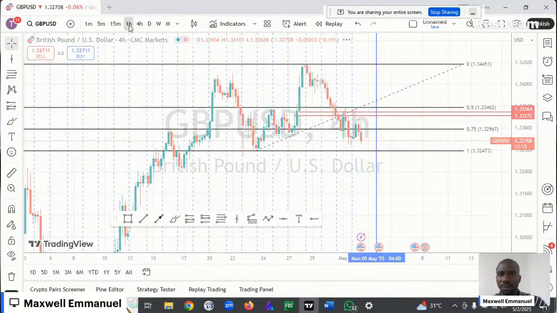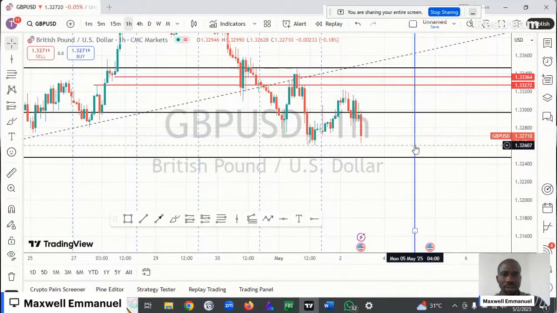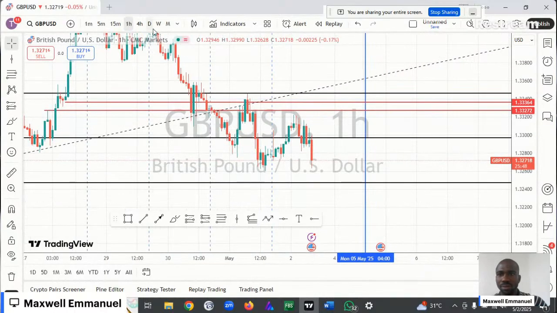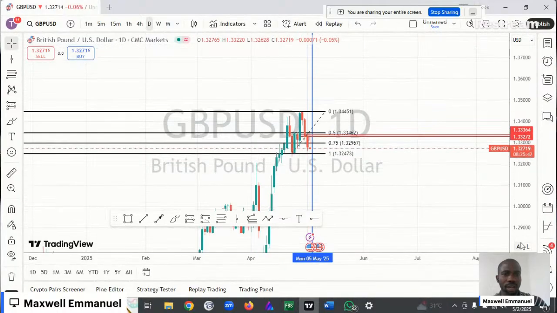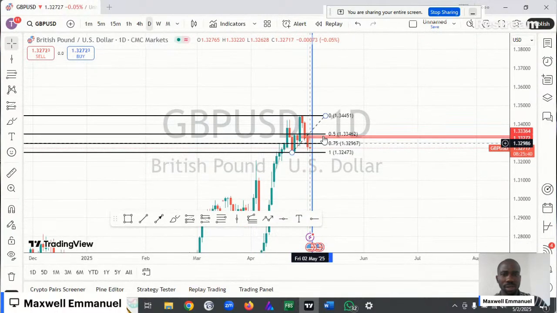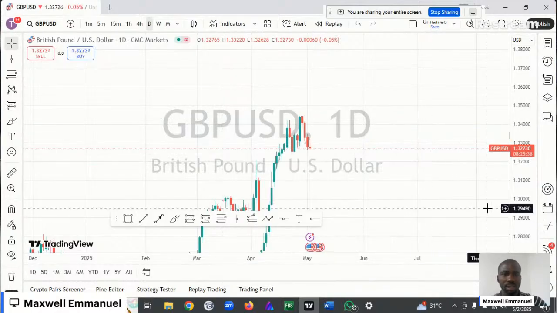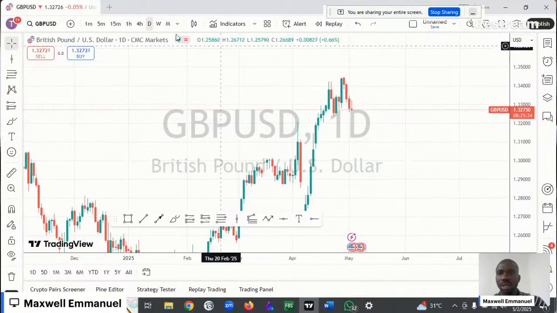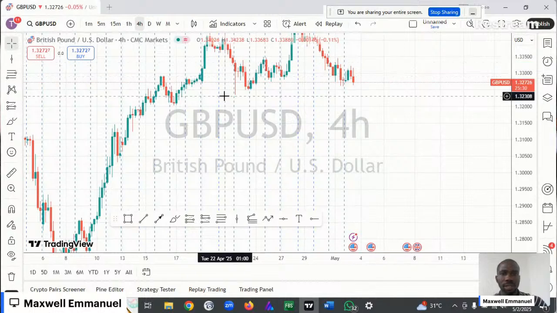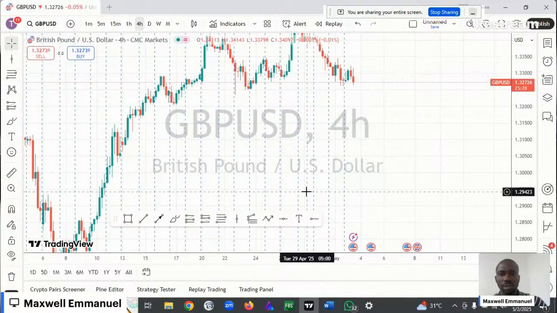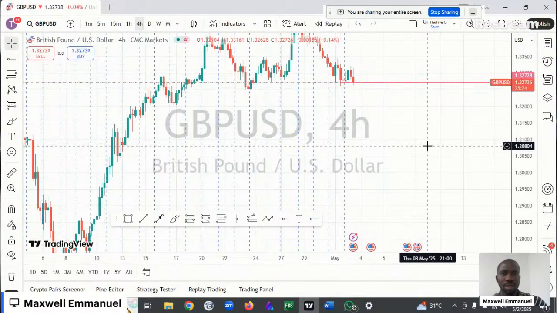Let's see what we have on 1 hour. It is bearish at the moment. The news favored the dollar. Price has broken this support. This is a bearish setup.